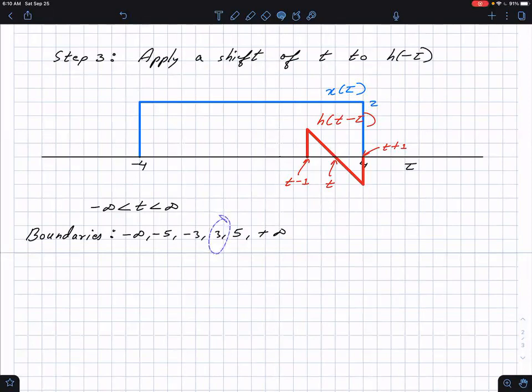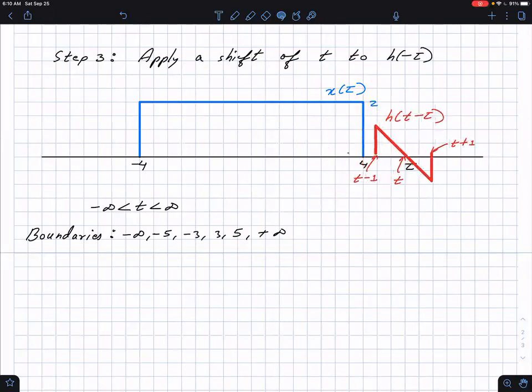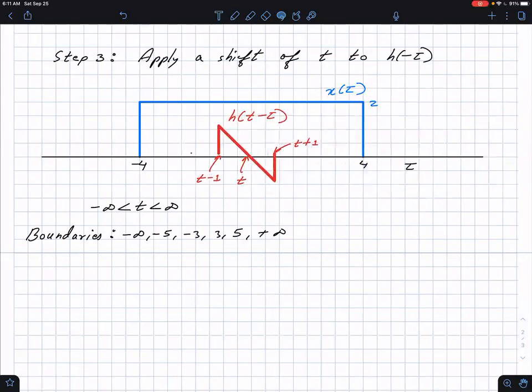After that point, if we increase t, we start seeing partial overlap between the two functions until this point where t equals 5. Beyond that, what we'll see is that the two functions do not overlap, and that will be true until t equals plus infinity.